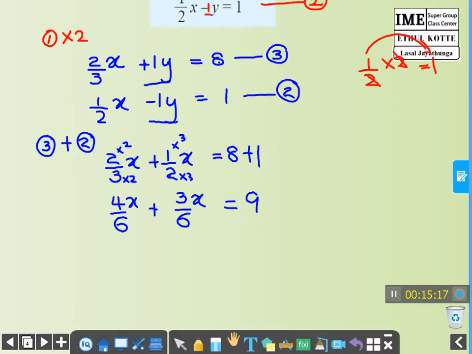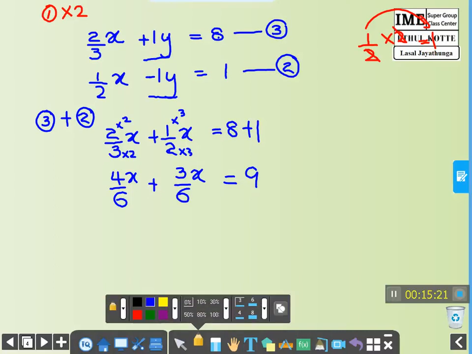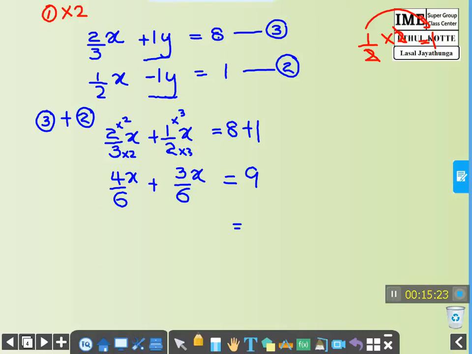To obtain x, we'll add them now. 4 plus 3, 7x upon 6. To obtain x now, six times 9 divided by 7.